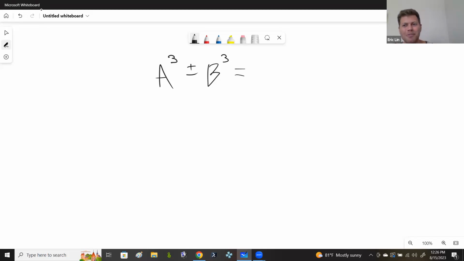They both factor, both the sum and difference of cubes factors, whereas the sum of squares does not, but the difference of squares does, right? So for squares, only one of them works. For cubes, they both work. This factors into, and this is going to look weird at first, but I'm going to go ahead and explain this all down the line.